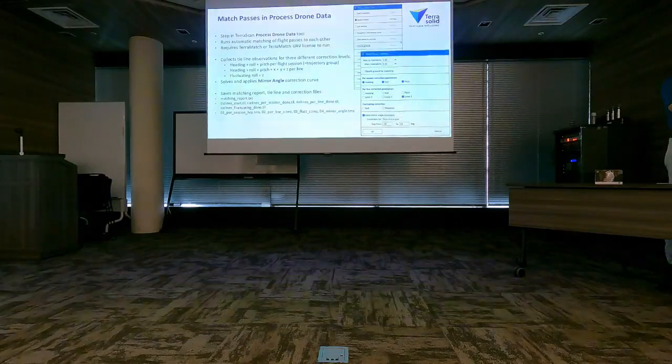Arttu, I did touch this and I have a couple of questions. So when you run this match passes step, the software will collect different tie lines and it will calculate the TerraMatch correction values and then it will apply it.